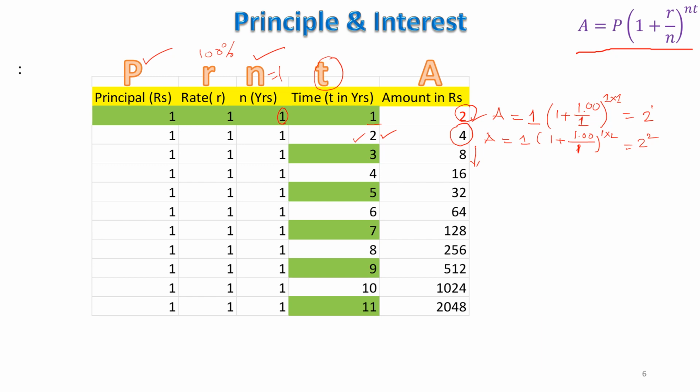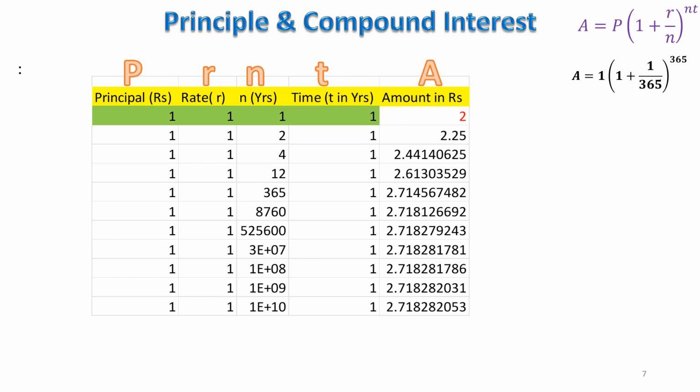At the end of 11 years, 1 rupee will be 2048. Now let us look at the same problem in a very interesting perspective. Principal amount is 1 rupee, rate of interest is 100%, so R is equal to 1 all the time.